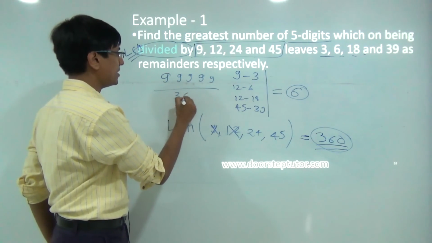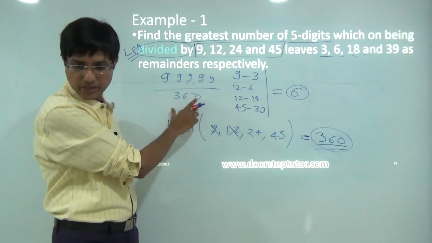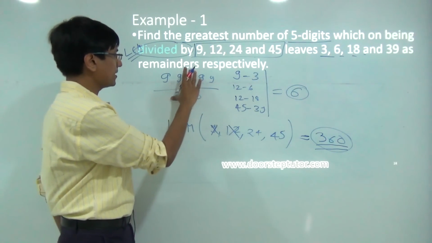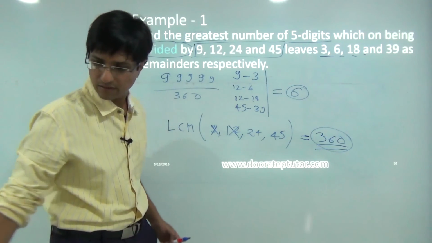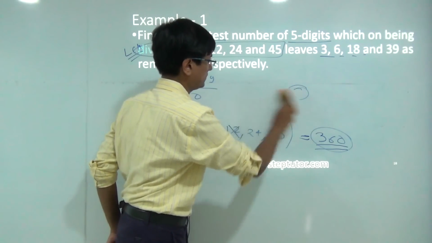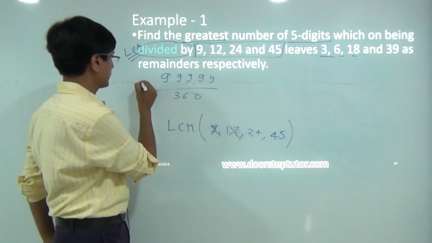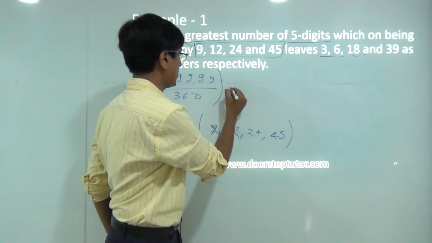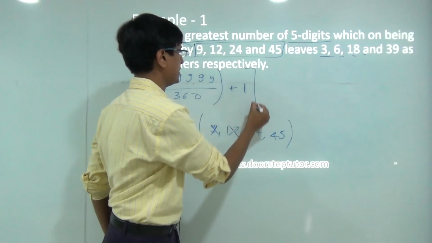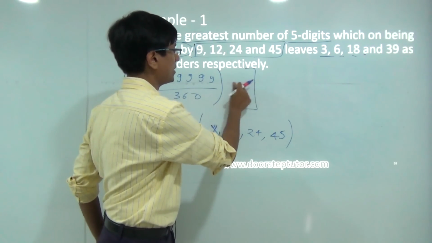Greatest number of 5 digits is 99999. I divide it by 360, and I get the quotient of this one. I don't add 1 to it.